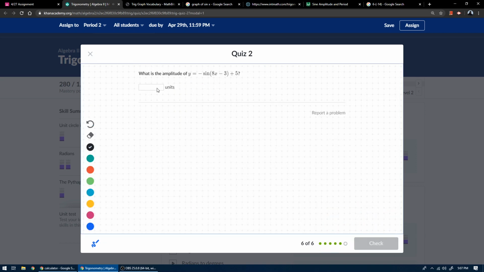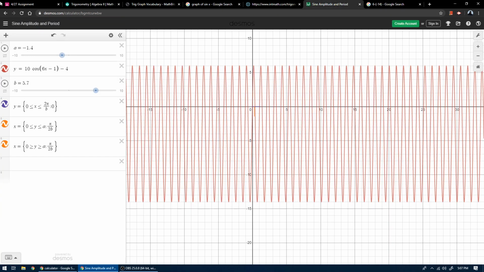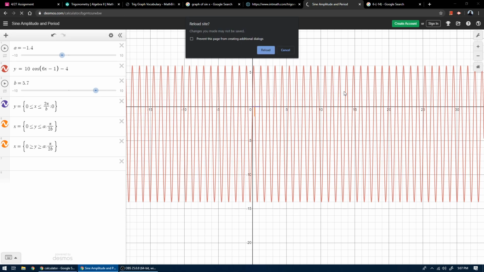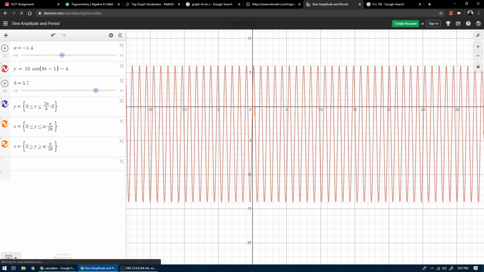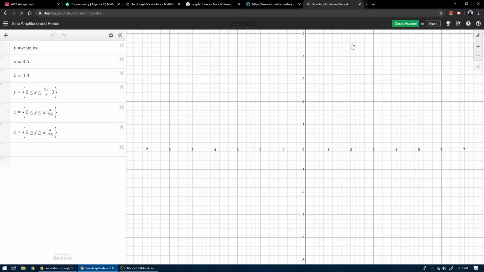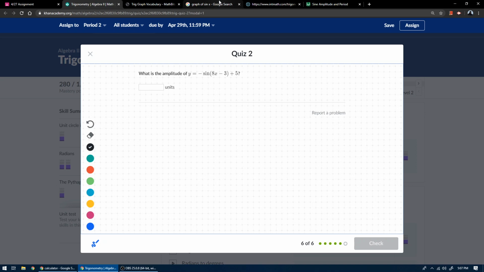Okay, one last question. What's the amplitude of this? I'm looking at here. So if I go back to this, what changes the amplitude? I want to find the amplitude, right? So the amplitude is the up-down part, right?